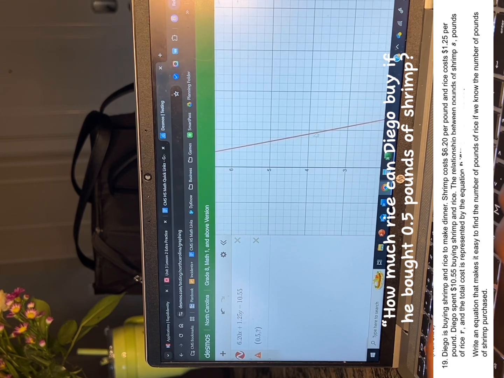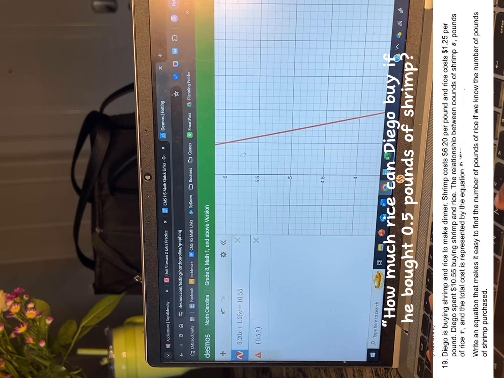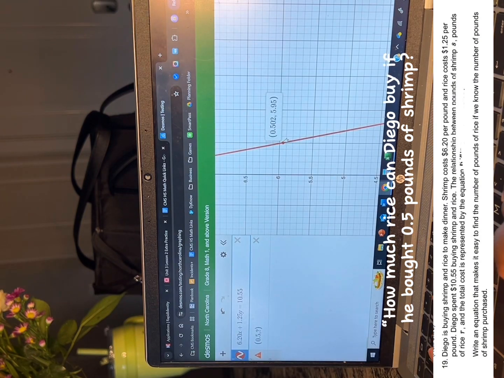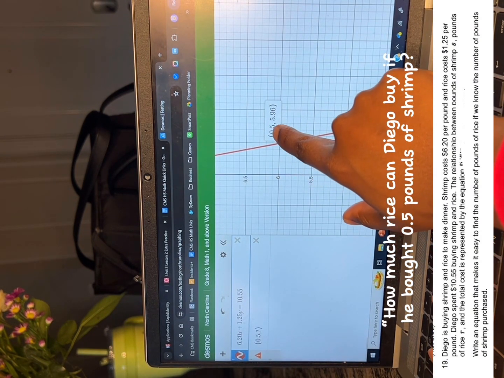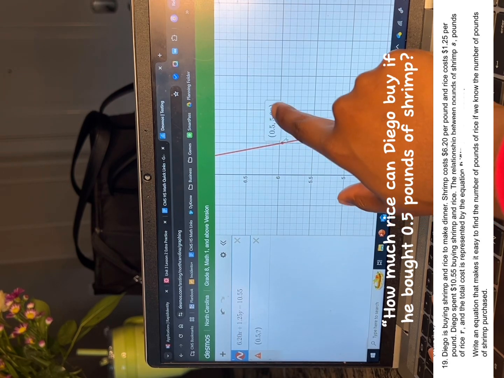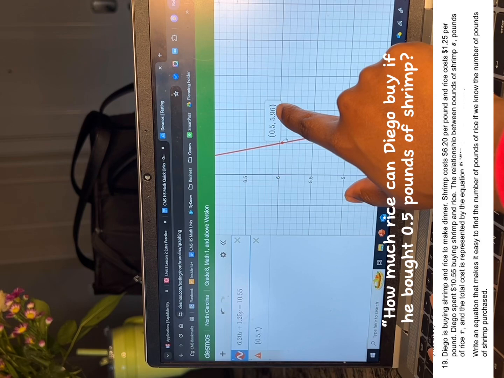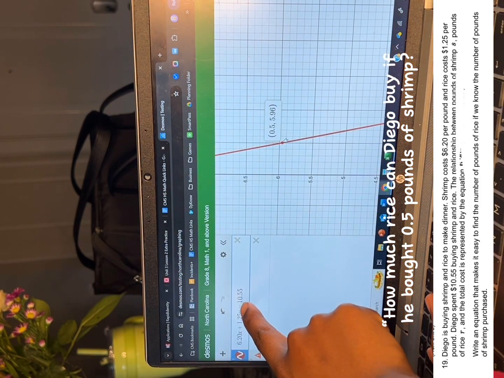Now you do not have to plug in 0.5. You just click, and can y'all see that? Click and I'm going to scroll until I have a perfect 0.5 for my X.